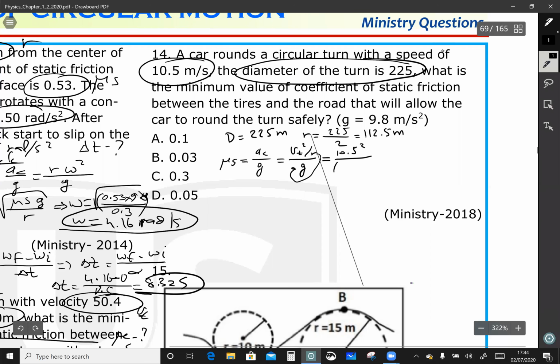R is 112.5 multiplied by G, 9.81 or 9.8. So 10.5 squared divided by (112.5 multiplied by 9.8). The answer is 0.1 again. So the choice is A.